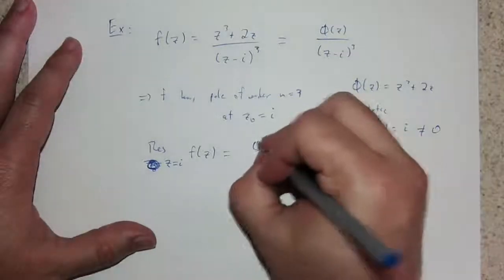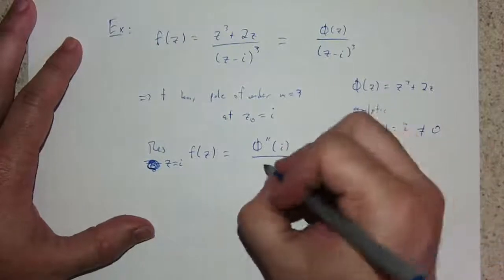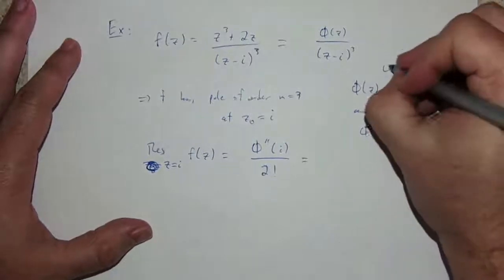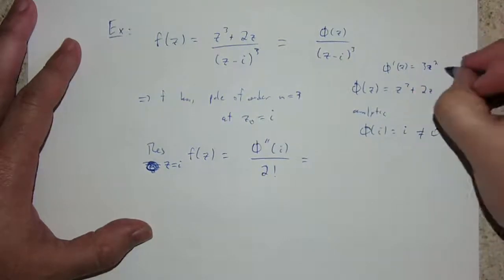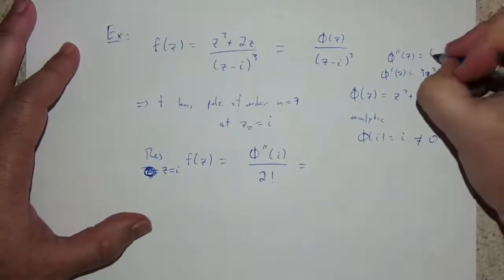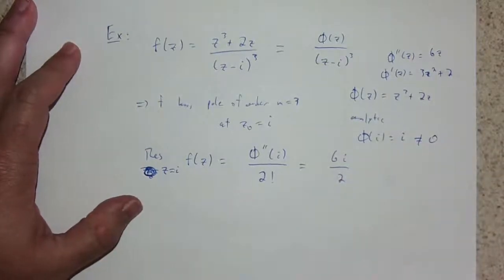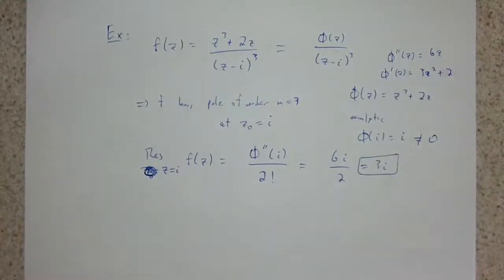So this is phi double prime evaluated at i over 2 factorial. The first derivative of phi is 3z squared plus 2. The second derivative of phi is 6z. So this is 6i over 2, or 3i. Again, a very quick way of finding the residue here.